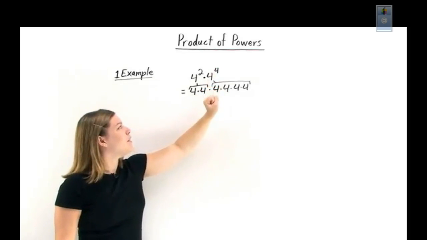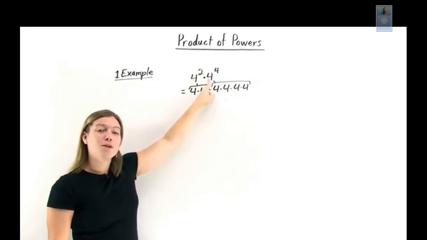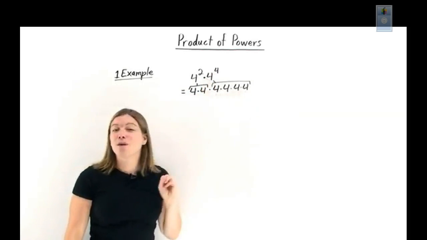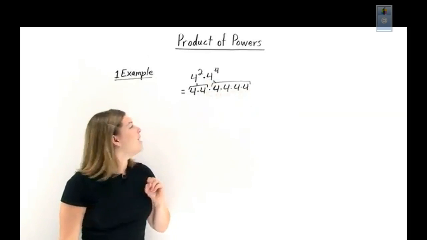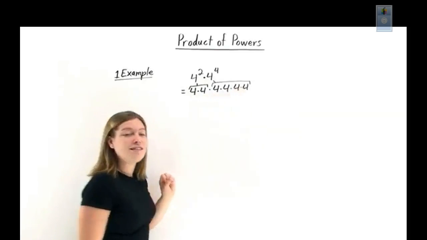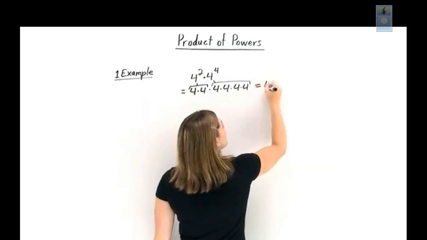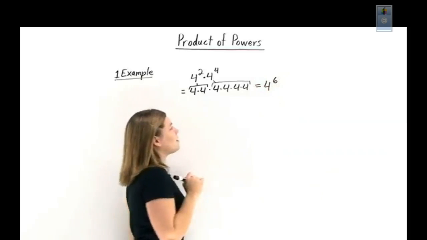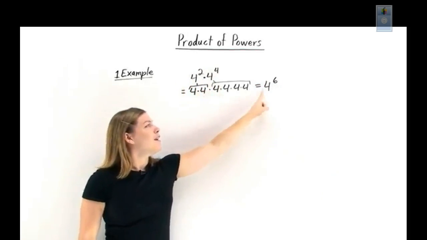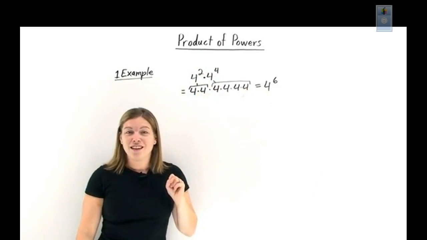So here we have an exponent of 4, which means we're going to multiply our base together 4 times. Now look, we're taking 4 and multiplying it together 6 times. So we could rewrite this as 4 to the 6th. Please write that in your notes. That means that 4 squared times 4 to the 4th is equal to 4 to the 6th.